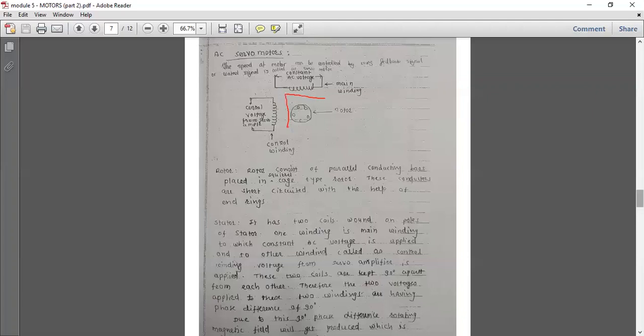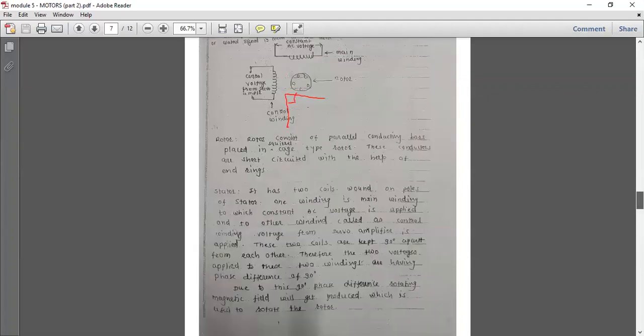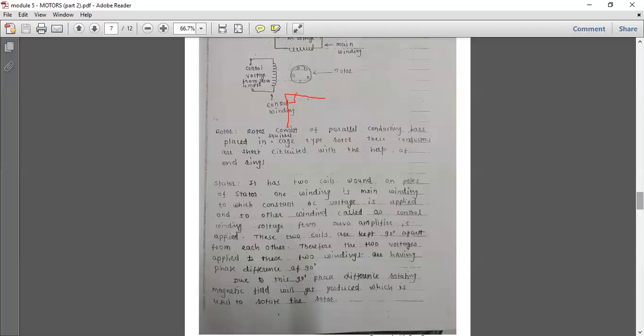So whenever the question comes, what is the difference between AC motors and DC motors? When talking about AC motors, especially AC servo motors, we have to say that both the main winding and the control winding have a phase difference of 90 degrees, and due to this 90-degree phase difference, a rotating magnetic field is produced, which is used to rotate the rotor.